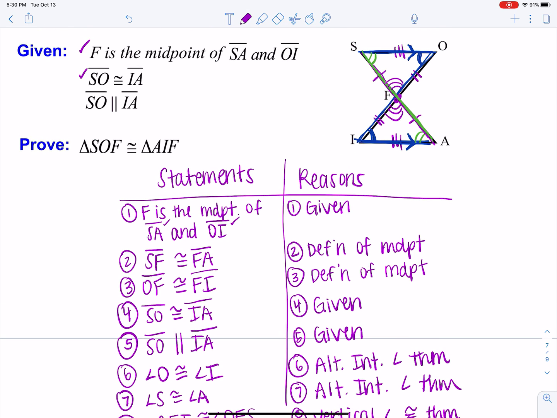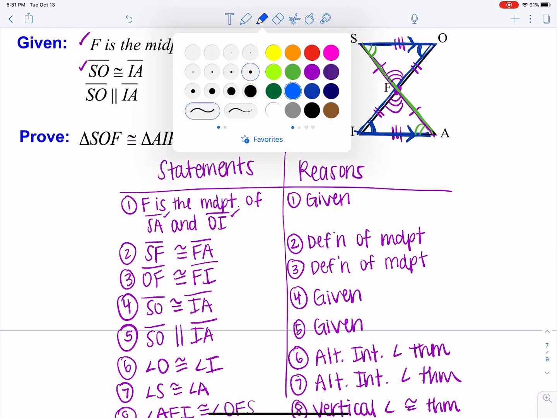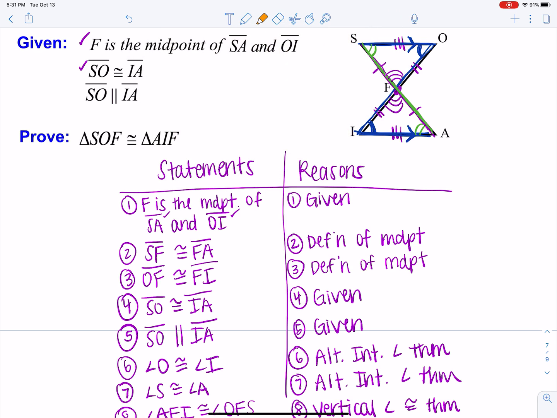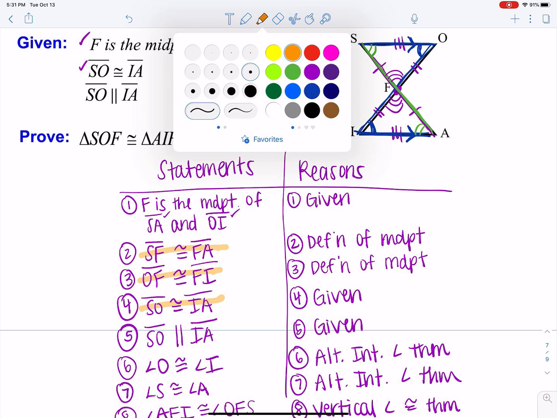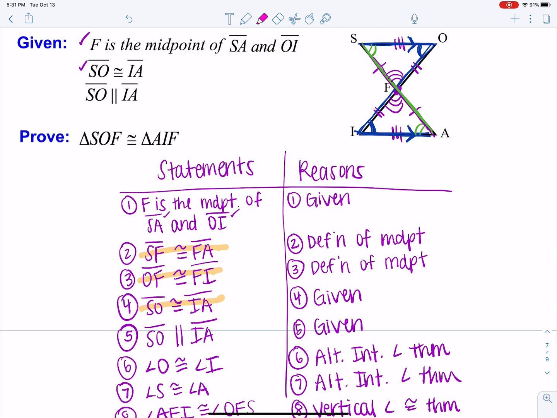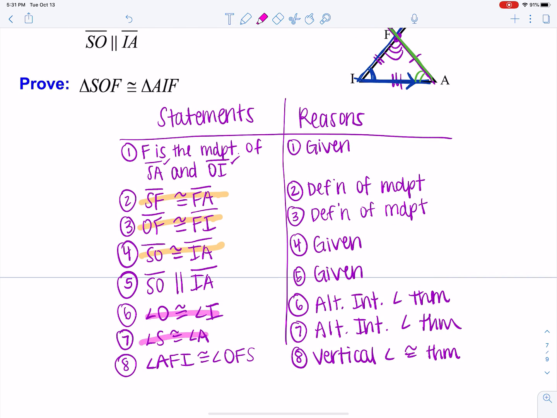So we have proved that all 3 sets of sides are congruent. There's our statements. Those are all statements about sides being congruent. Then we also proved all 3 sets of angles were congruent. So that's the definition of congruence.